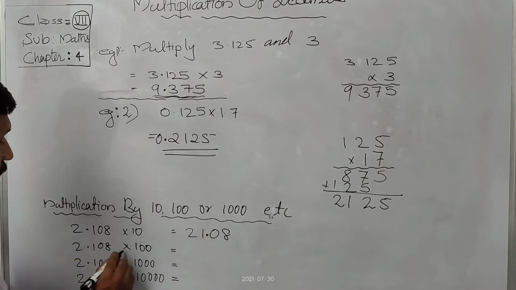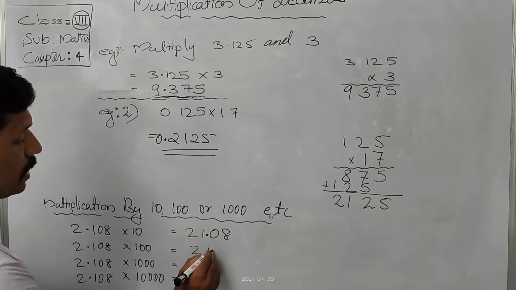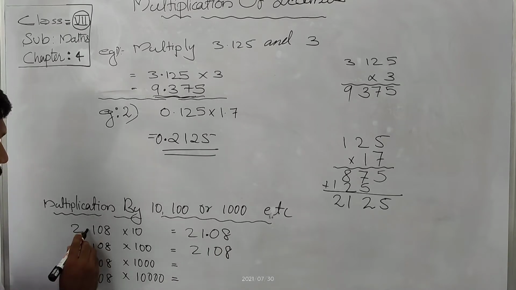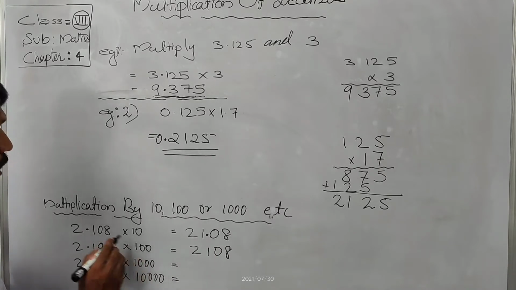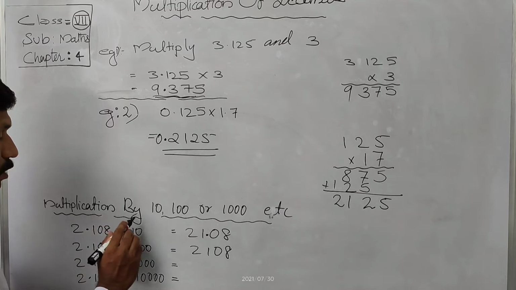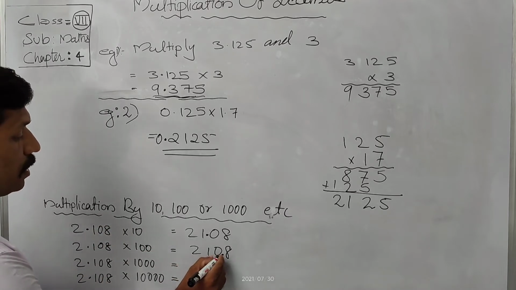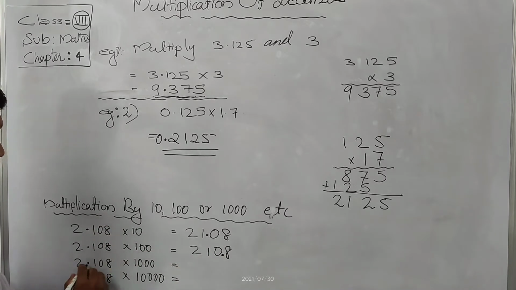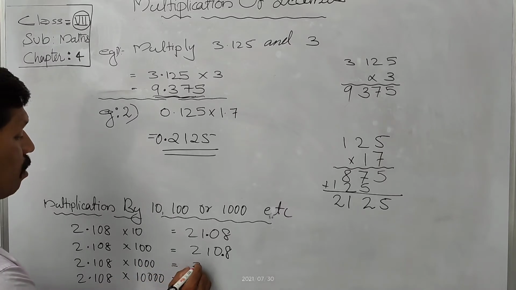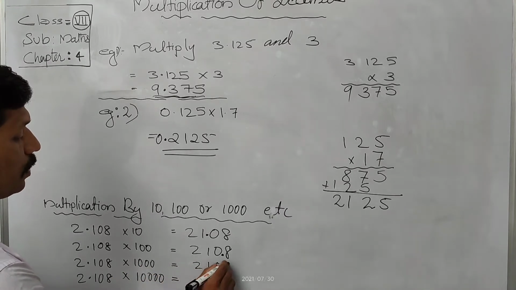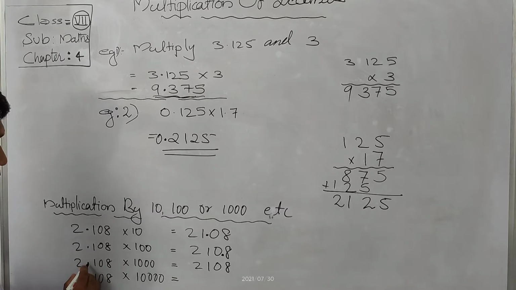Just like that, multiplication by hundreds: in 100 two zeros are there, so the decimal point will shift 2 digits to the right. So it will be 210.8. And if multiplying by 1000, then 2108. The decimal point shifts 3 digits to the right because 3 zeros are there.